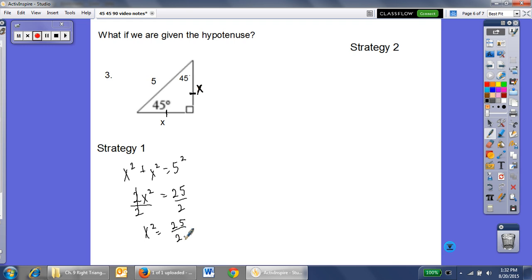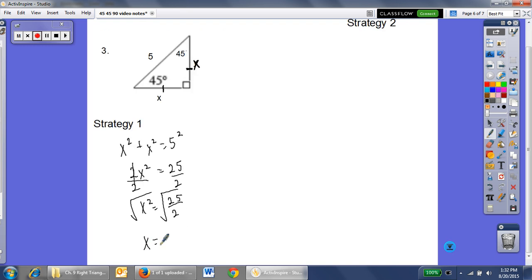So from here, we can take the square root of both sides, and we end up getting x equals the square root of 25 divided by 2. We can leave it like this for now. If you do need to simplify further, you can.